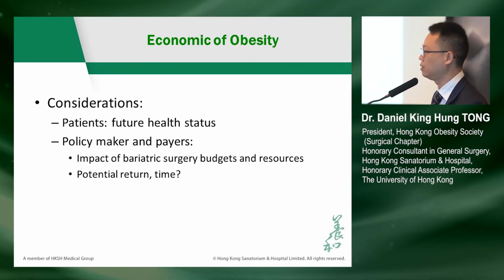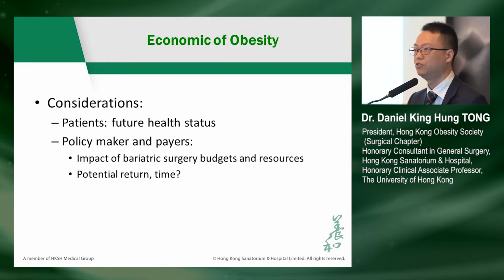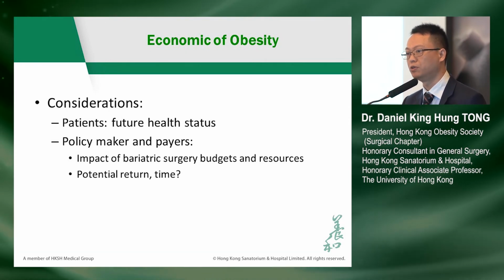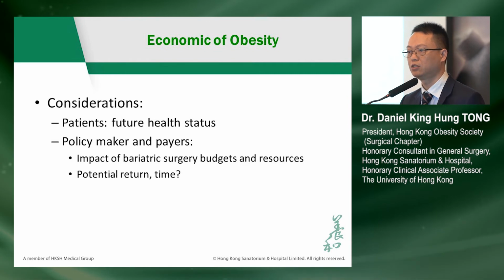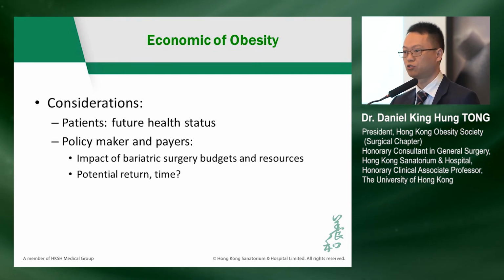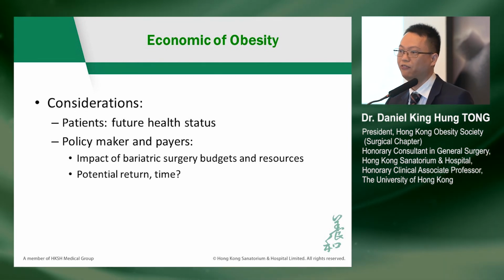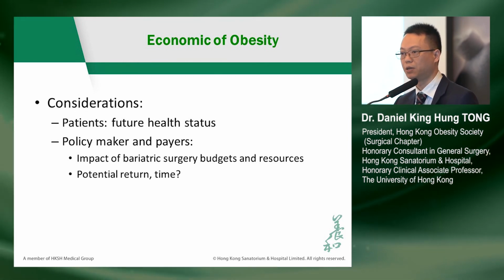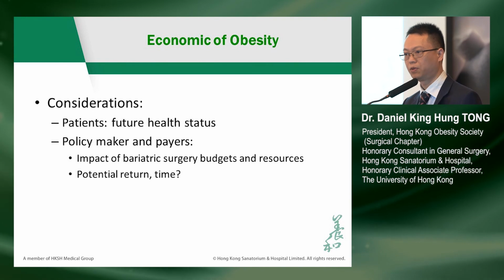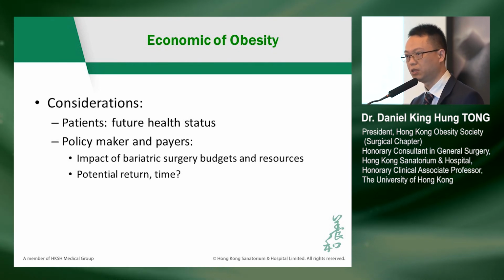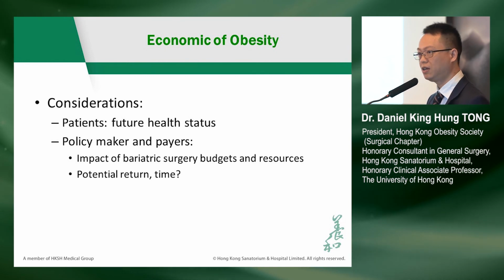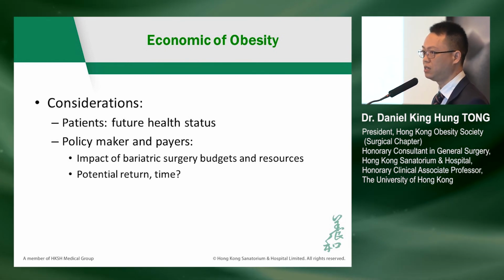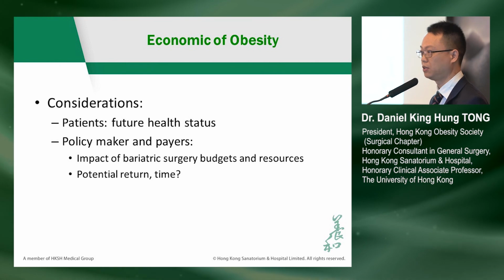And if you are the insurance company, you intend to reimburse. I don't want to reimburse a patient in the future for renal dialysis or stroke or MI. But if I reimburse a patient for bariatric surgery, that can prevent these complications from happening, how long until I get a return on investment? So this is a kind of economic investment, right? The thinking will be different from the patient's, but this is reality. The world is working on this, right?